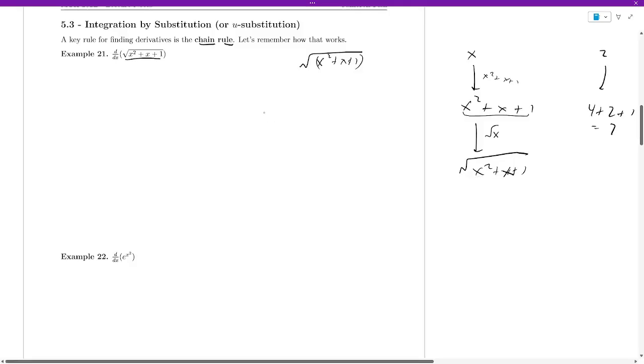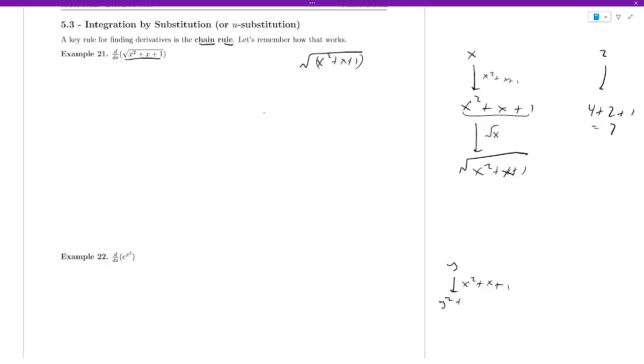It's confusing because I'm using the same letters, and I'm doing that because it's common, so you kind of have to get used to it. But it would make just as much sense if I said, okay, I'm going to start with something called y, and first apply the function x squared plus x plus 1. That would mean take my input y and plug it wherever the x is.